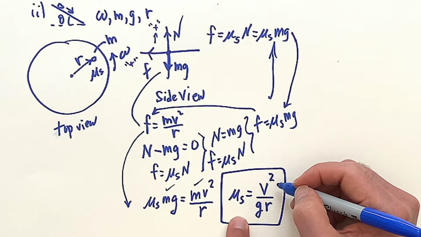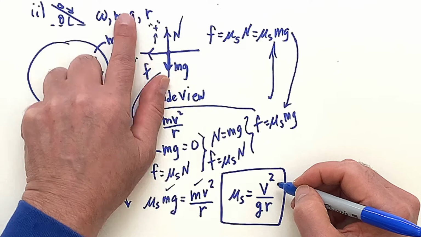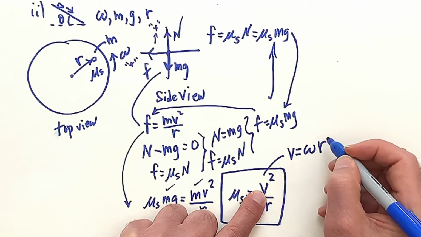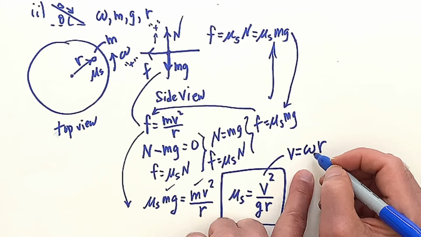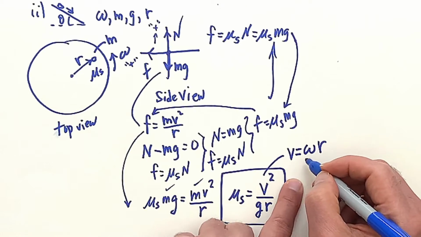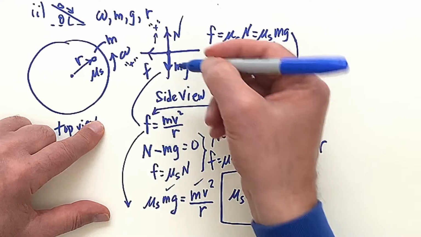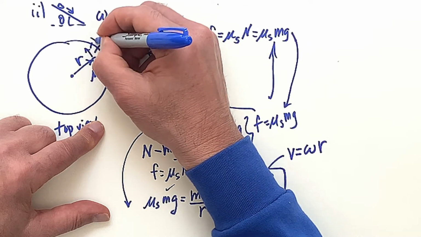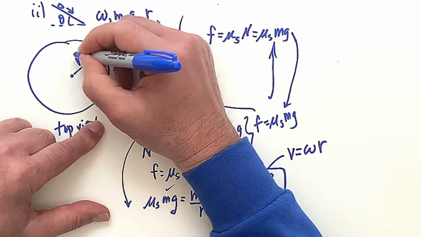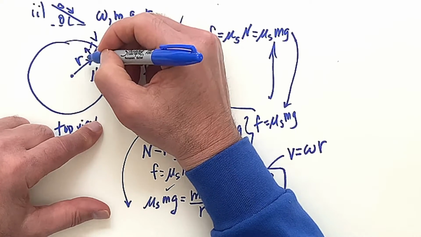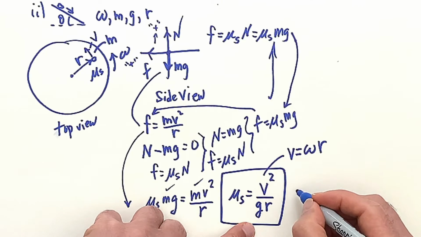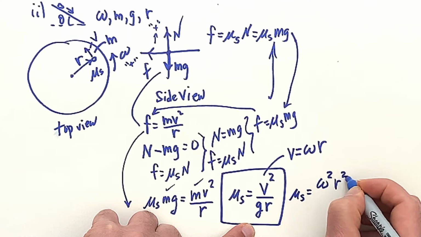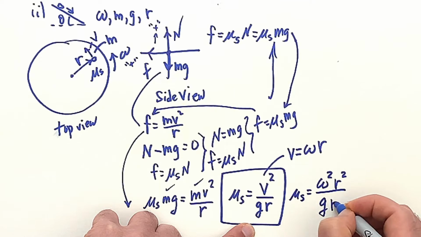But we're not finished because we need to have v expressed as omega r. This is your connection between the angular velocity and the tangential velocity, v. And remember, in a circle, you have v squared over r. So we need to get rid of that, and that's going to be omega squared r squared over gr.